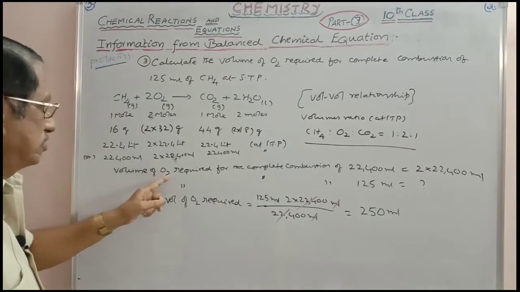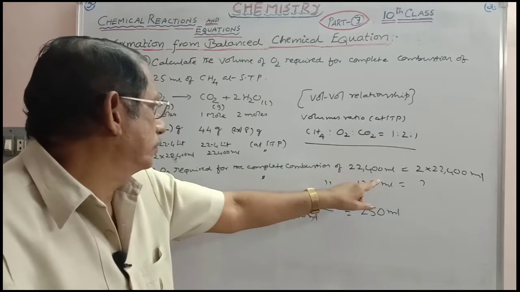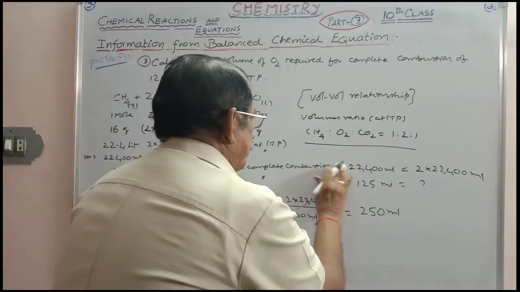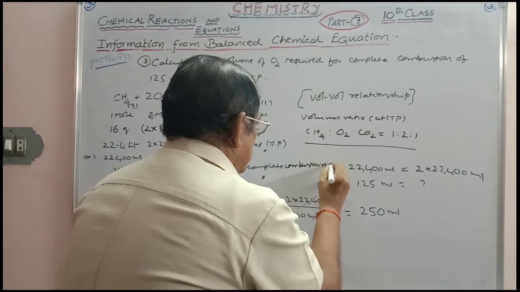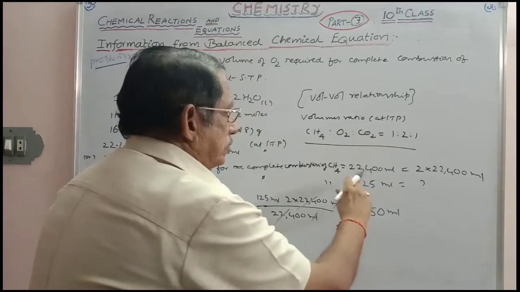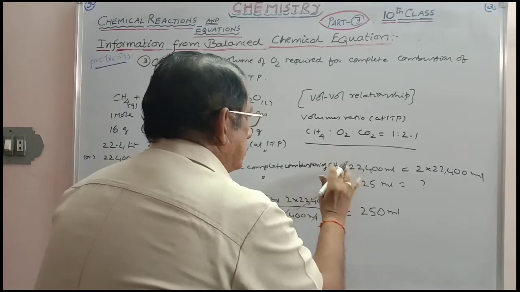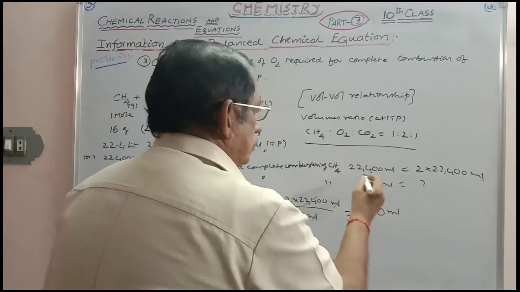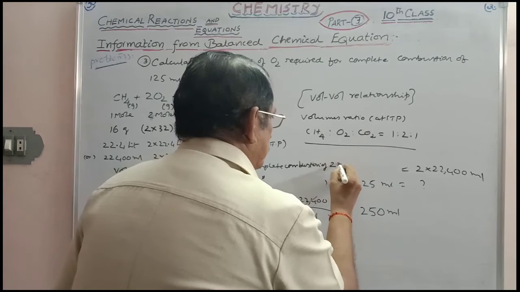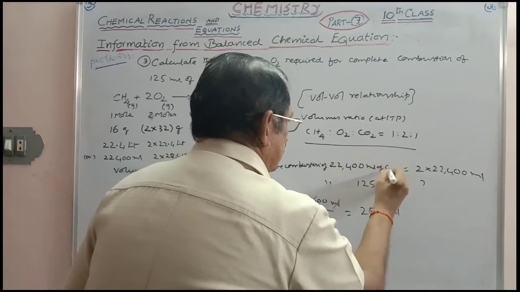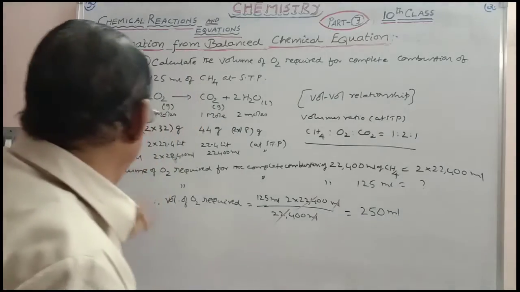So the volume of oxygen required for the complete combustion of 22,400 ml of methane is equal to 2 into 22,400 ml of oxygen.